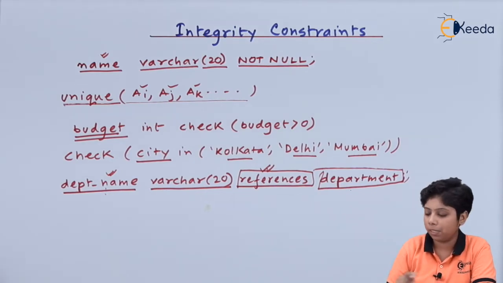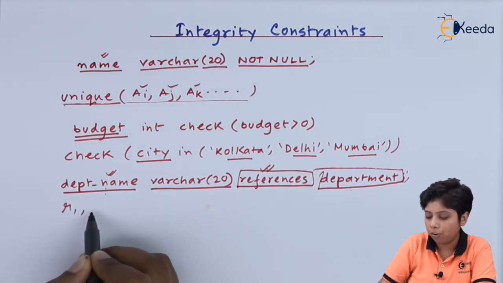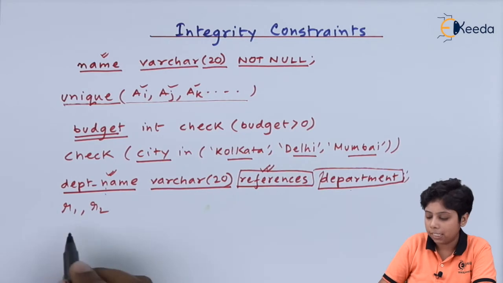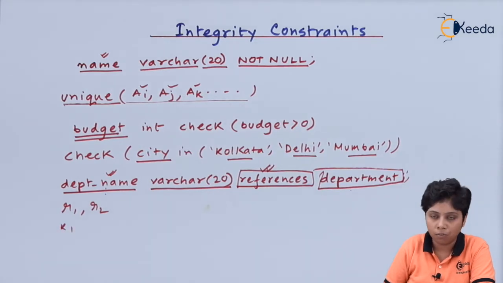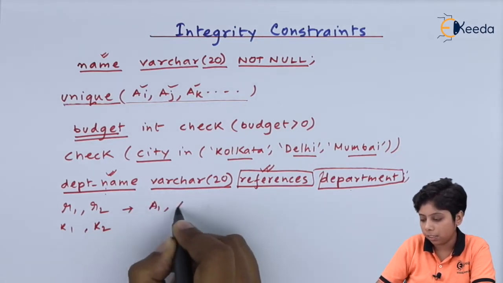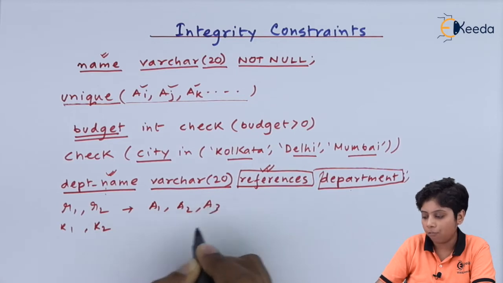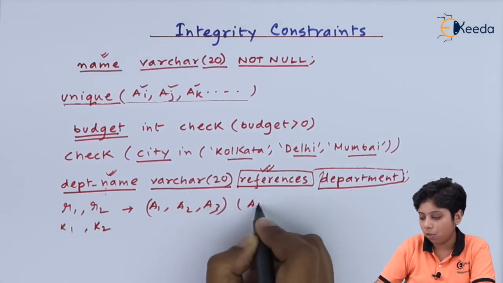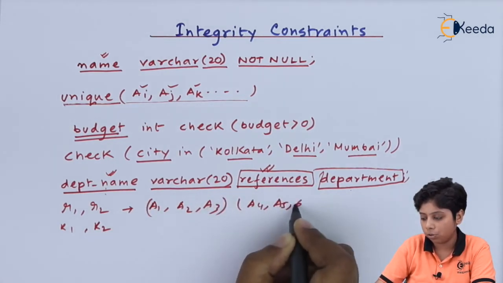Say for an example, if there are two relations R1 and R2, and K1 being a tuple of R1 and K2 being a tuple of R2, and there are attributes A1, A2, A3 of R1 and A4, A5, A6 of R2.